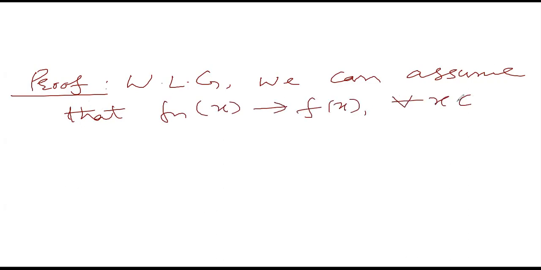So you need to verify this. It's very simple. We remove the null set from the set X, and then we work on the measure space on the rest of the set. On that set, fn converges to f for each x, and E will be reduced by that set.